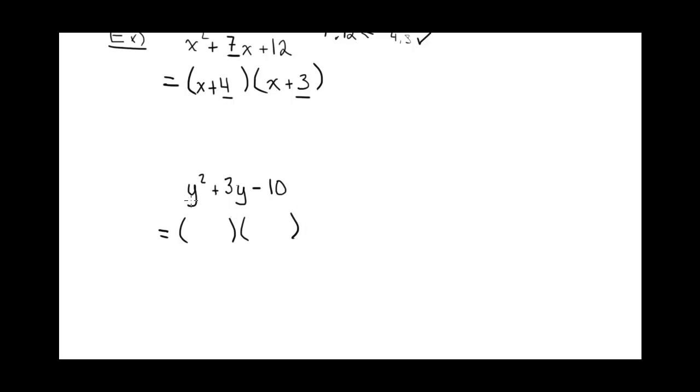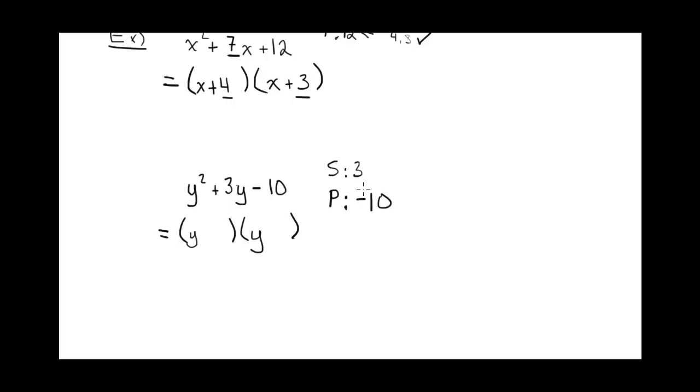And now notice the first term is y squared, so we're going to have a y and a y, because y times y is y squared. But again, the sum must always be the middle term, the middle coefficient, so 3. And the product must always be the last term, minus 10.